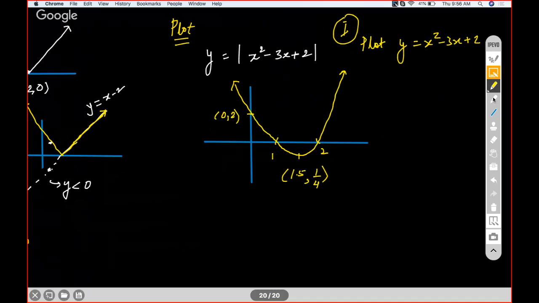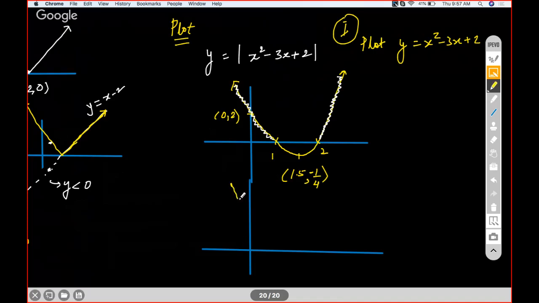Now what I'd have to do is simply reflect this above. This part is already above, right? These two parts are already above the x-axis, so don't disturb them. If I reflect the vertex, x will be the same, but y will become 1 by 4.